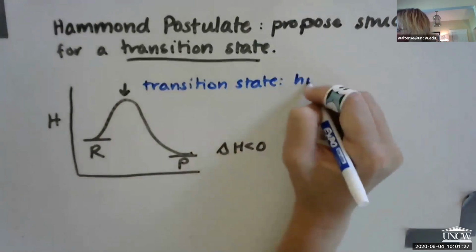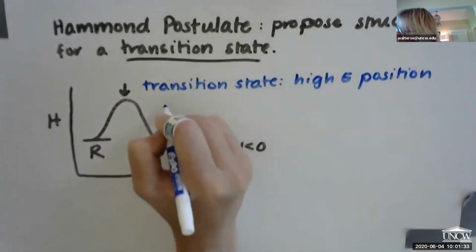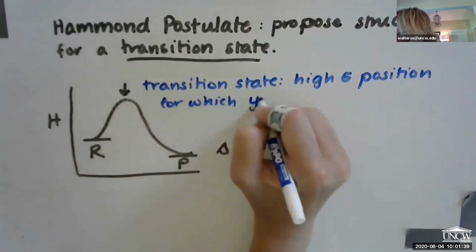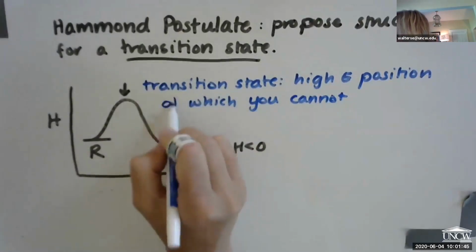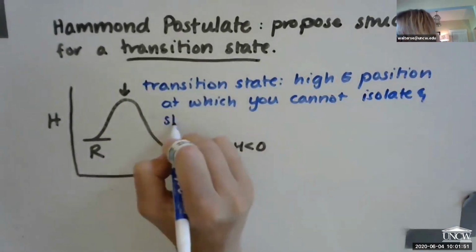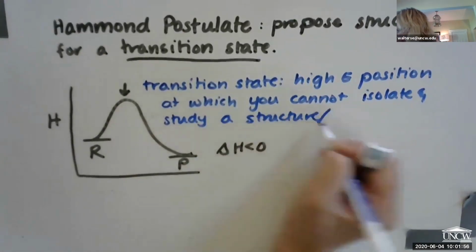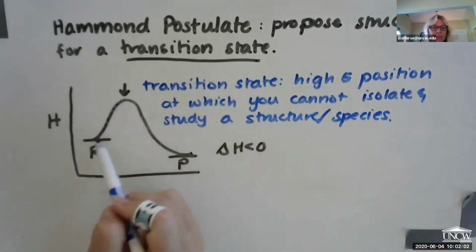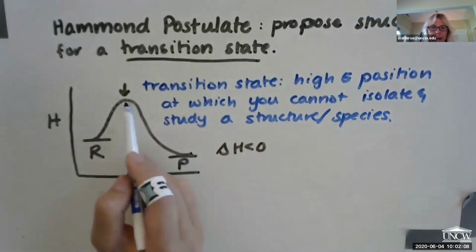It's a high energy position at which you cannot isolate and study a structure or a molecule. As soon as this thing forms, it either goes back down the hill to reactants or forward to products. So this is a hypothetical structure.